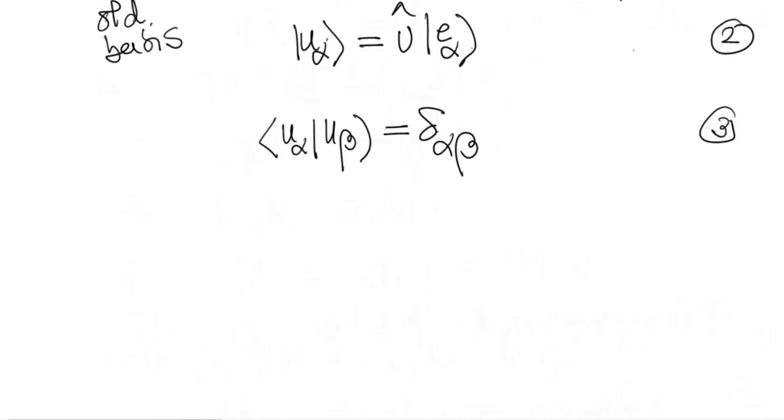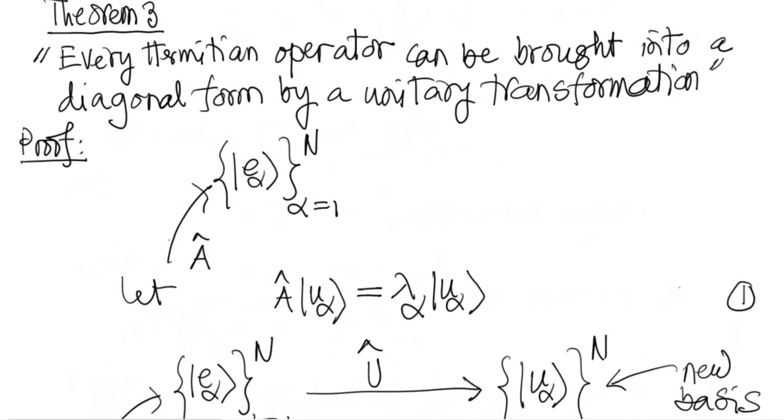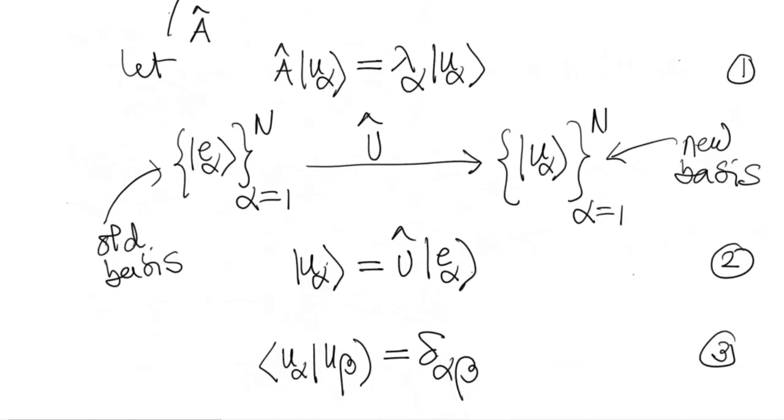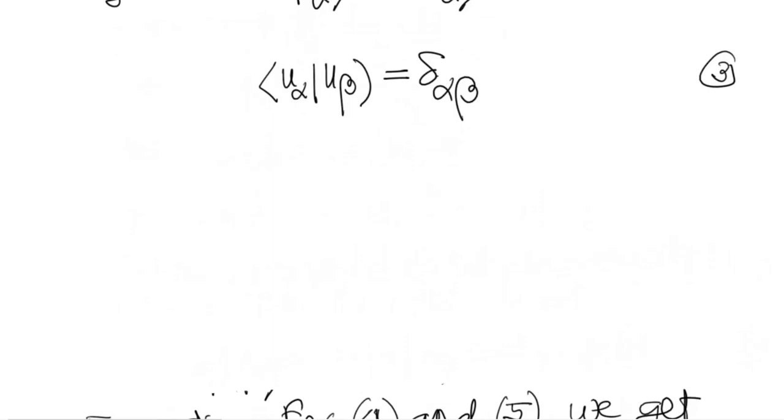And we also know that if we have an operator A in this basis, and in the new basis that operator becomes A prime, the relation between A and A prime is this.